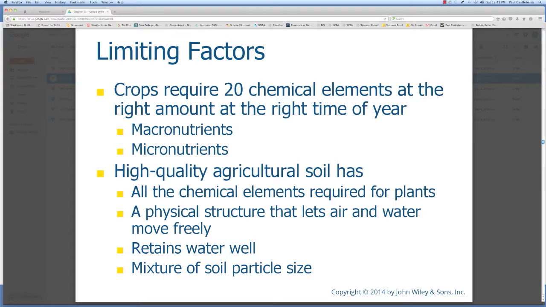Being able to move water down into the soil to deeper areas where the roots can move down and continue to grow downward, and to be able to access the macronutrients available. And we also need it to retain water as well. We don't want it going dry because, again, water is important for a plant. And then a mixture of soil particle size is also a good way to get water percolation going throughout your soil horizon.